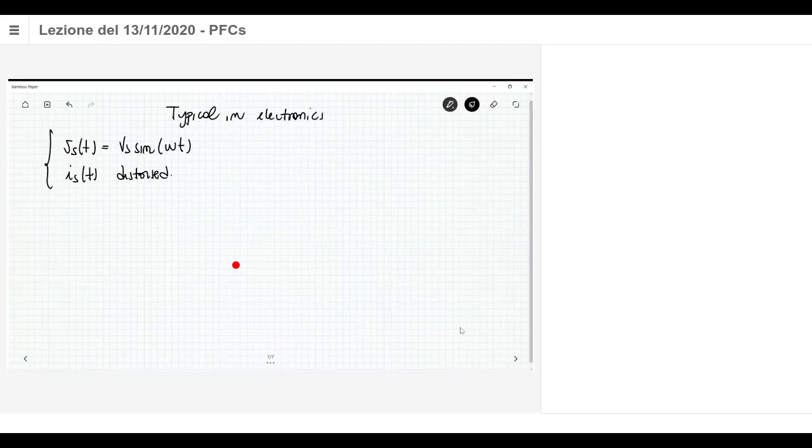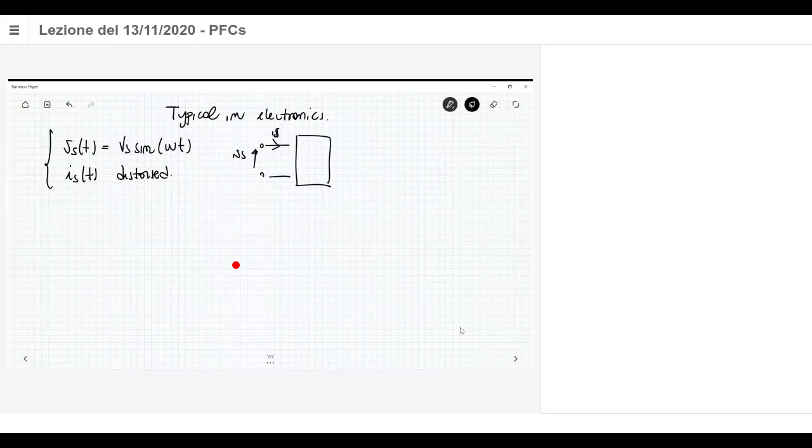Distorted means that the current IS, which is drawn by my network, S is for source, is not a sine wave like the voltage. Typically the voltage is a sine wave, but the current has a lot of harmonics.